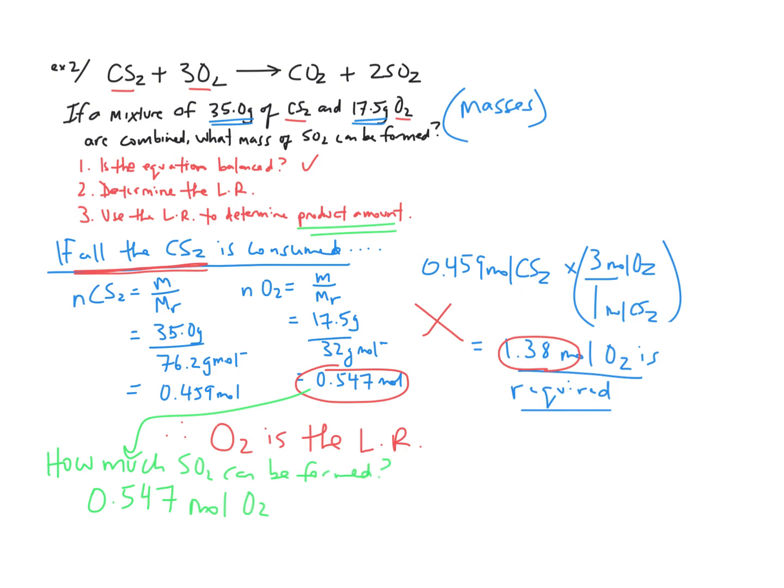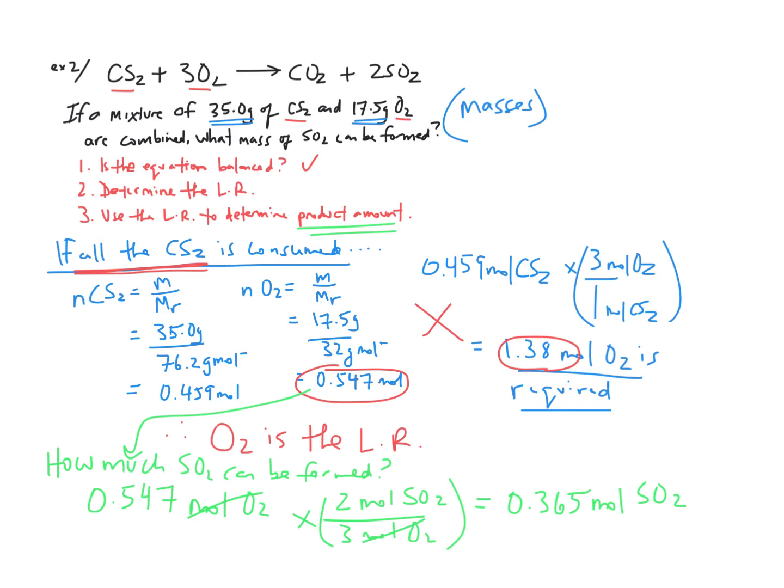We have a molar ratio: 2 moles of SO2 formed for every 3 moles of O2 reacted. So we multiply that value by 2/3. When we do that, we find we form 0.365 moles of SO2. Again, check your units, and make sure you use the ratio with the correct numerator and denominator.